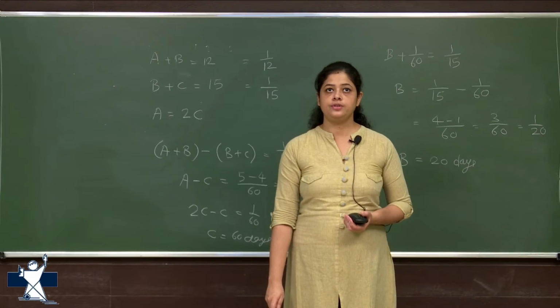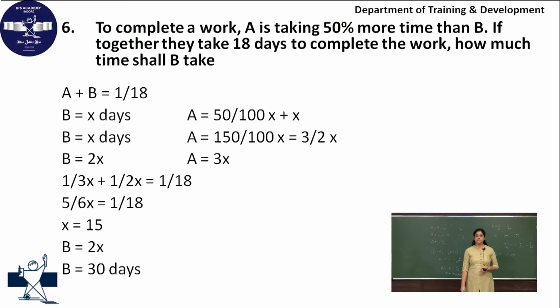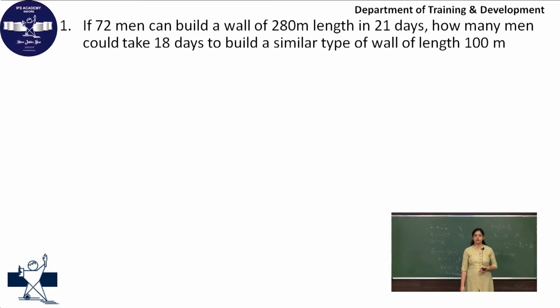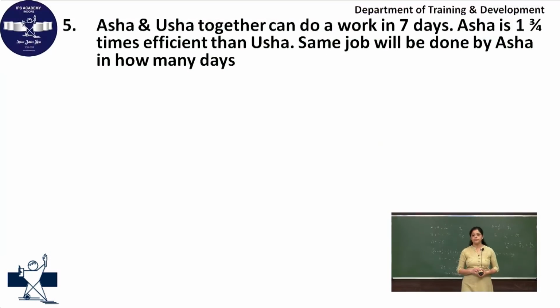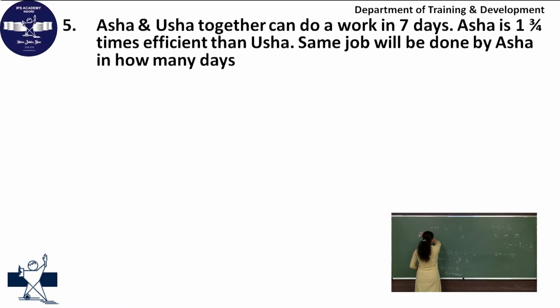I'll just check if some easy answers are there or not. So next is Asha and Usha together can do a work in 7 days. Asha is 1 3/4 times efficient than Usha. Same job will be done by Asha in how many days? तो हमें आशा की कैपेसिटी ढूंढनी है अभी.